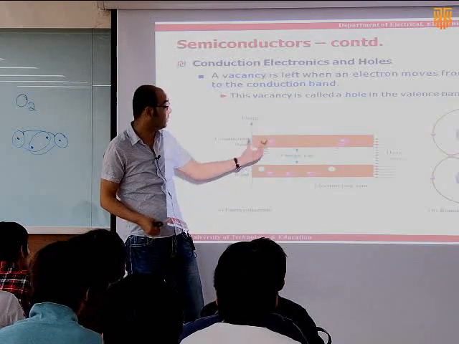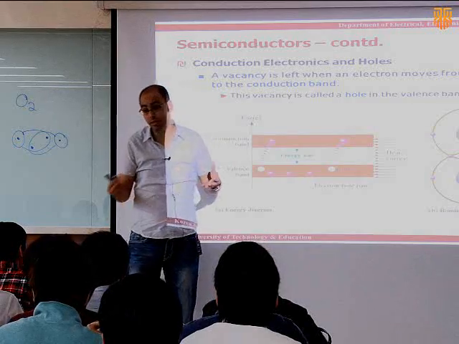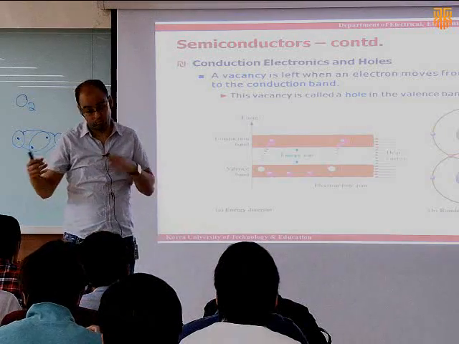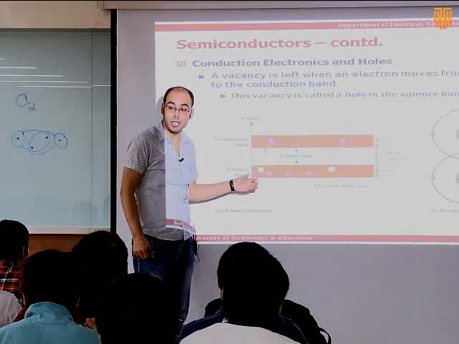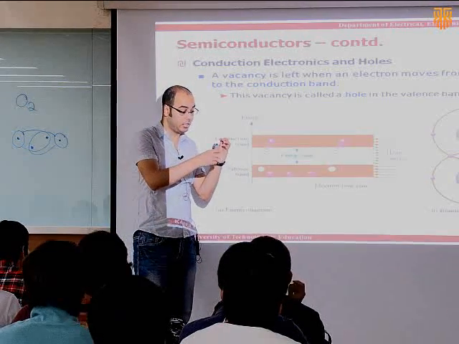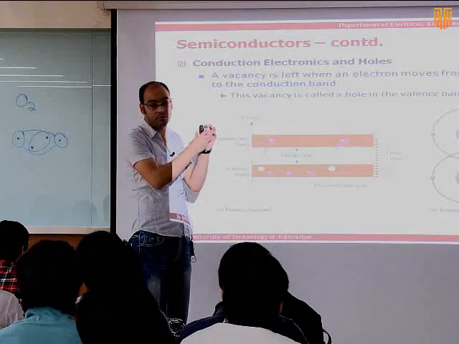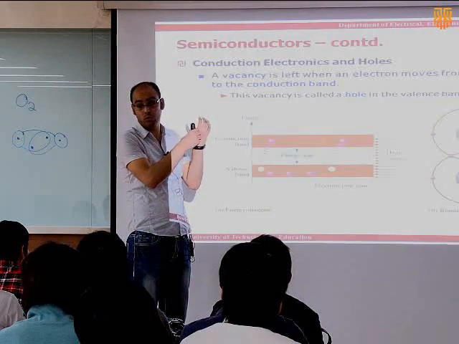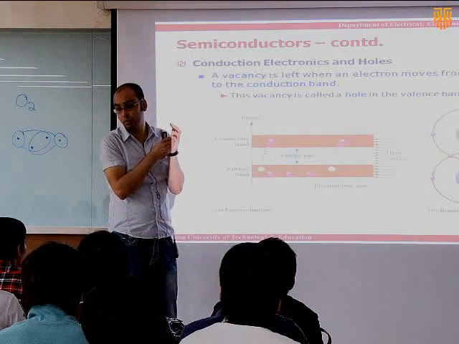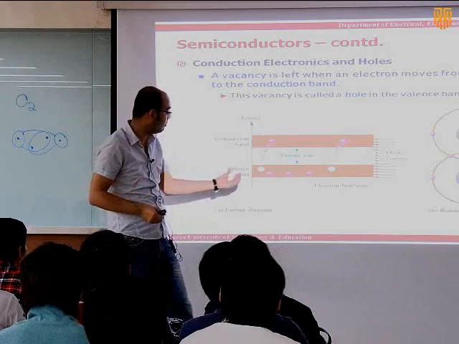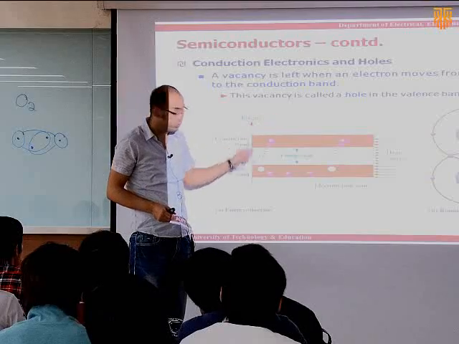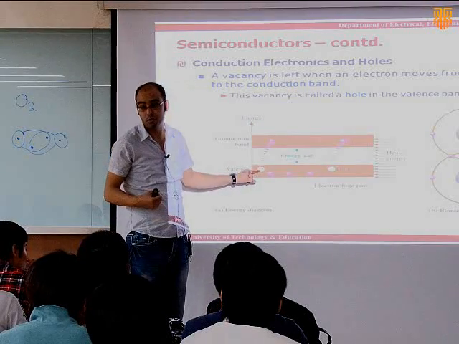Free means it does not belong to any atom alone. The electron was there, and it left this place. This place we call a hole. It is positive, because some negative went out, so we call it a positive hole.